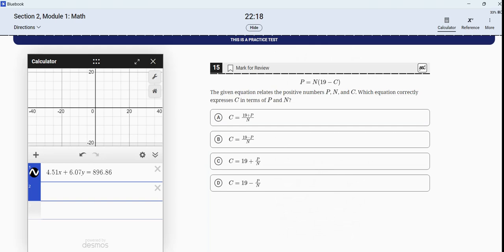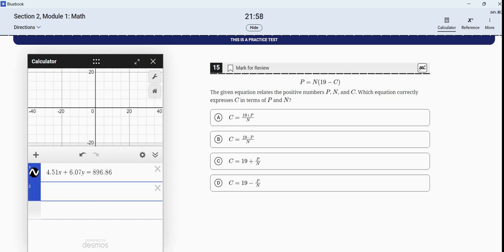Given equation relates to positive numbers p, n, and c. Which equation correctly expresses c in terms of p and n? So this one is just like order of operations, really. I recommend you just solve it on paper. Let me solve it on paper too. I'll explain my method.